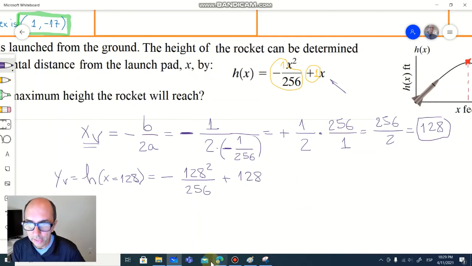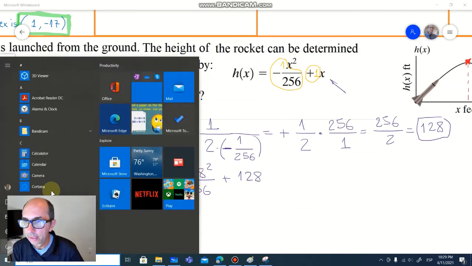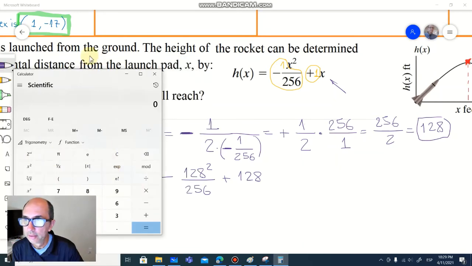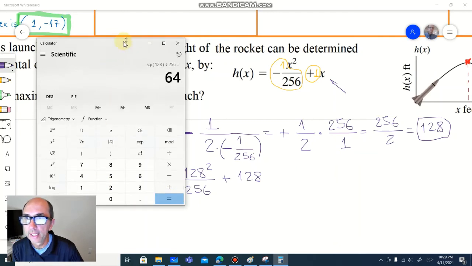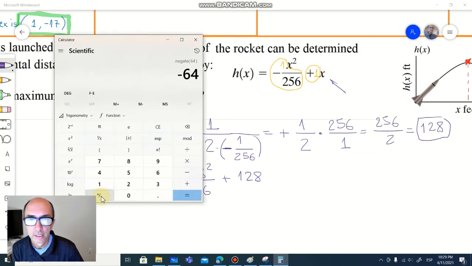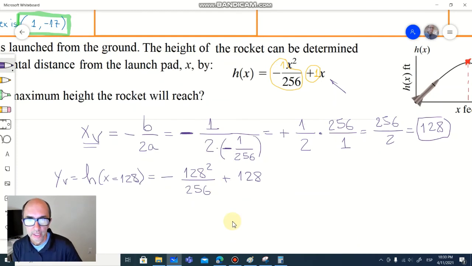Okay, let's get the calculator and check this answer. 128 squared divided by 256, and this is all negative, plus 128, equals 64.